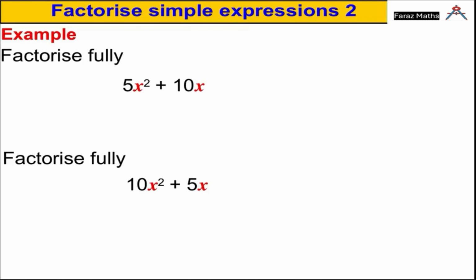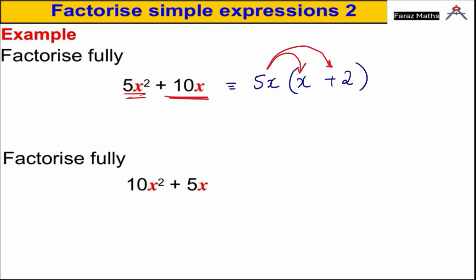In this question, 5 is the HCF in between 5 and 10, and x in between the variables. So 5x times x is 5x square, 5x times plus 2 is plus 10x. You can double check it. 5x times x is 5x square, 5x times plus 2 is plus 10x.